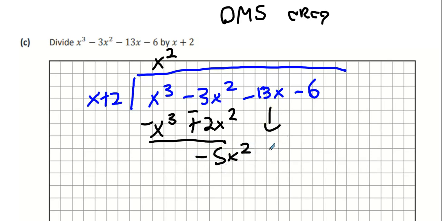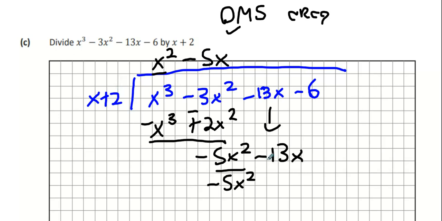Minus 3 minus 2, minus 5x squared. Drop. How do I drop? Minus 13x. Minus 5x squared divided by x squared. Minus 5x. Division is done. Multiply. Minus 5x by x, minus 5x squared.